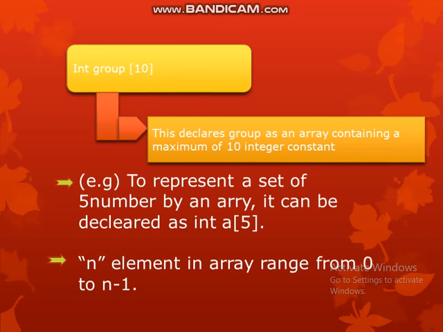The range of elements in an array is from 0 to n minus 1. It will start from 0 and end at n minus 1. So this is how we declare an array.